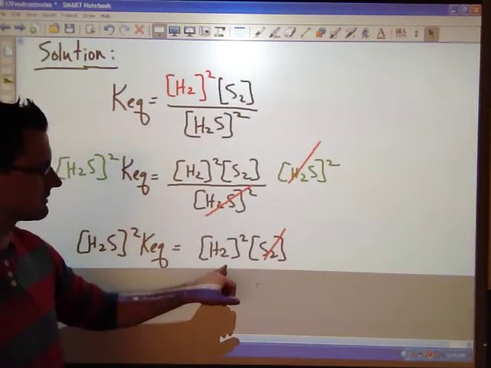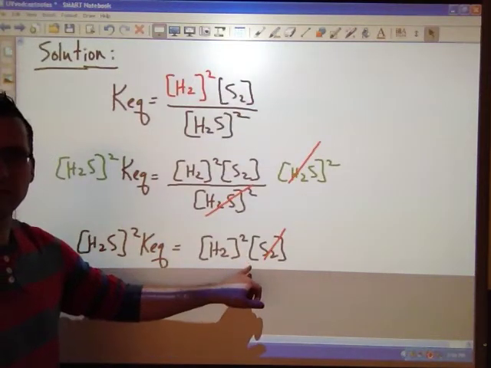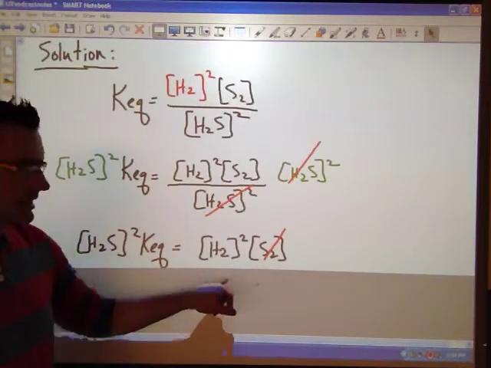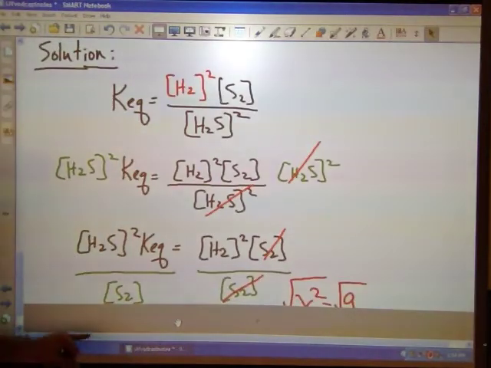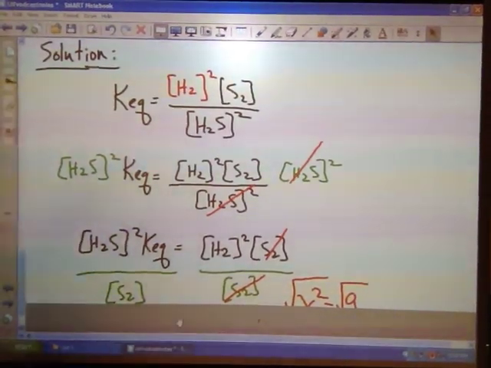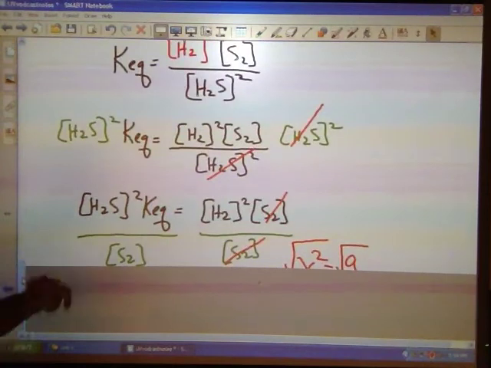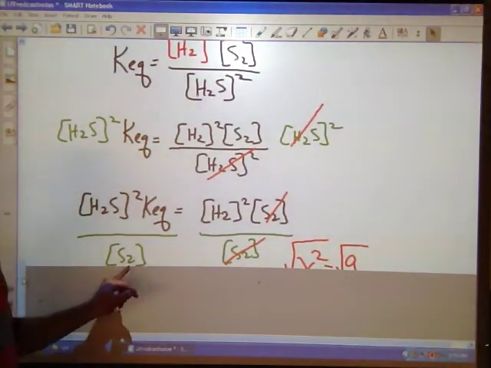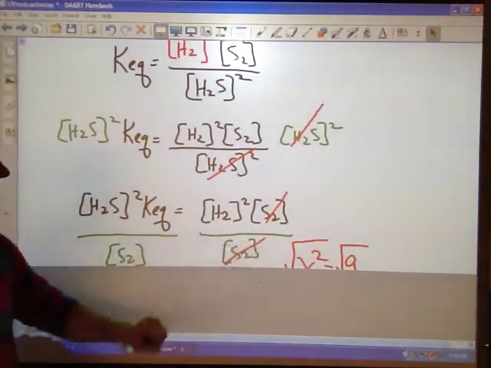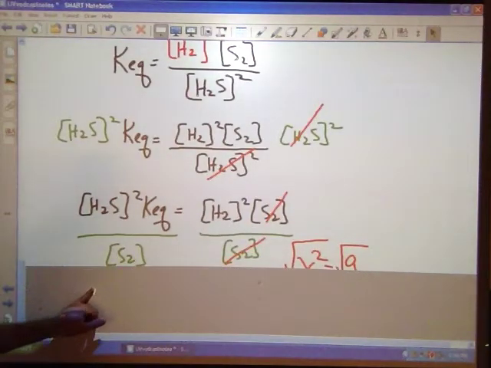Next, to undo multiply, divide. Divide by S2. What you do to one side, you have to do to the other. It crosses off, and I'm left with that.